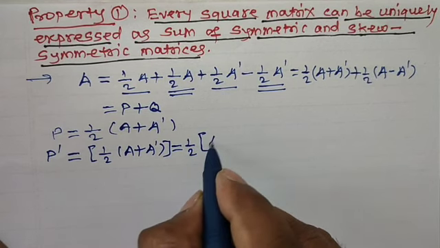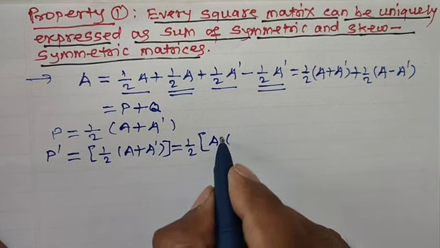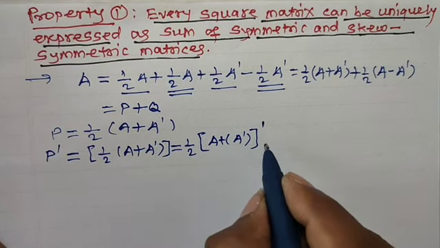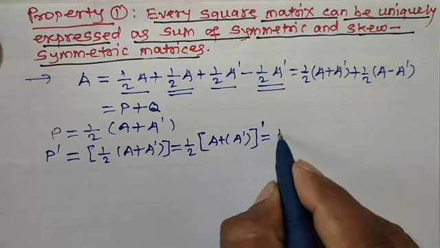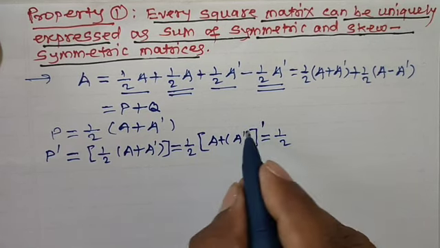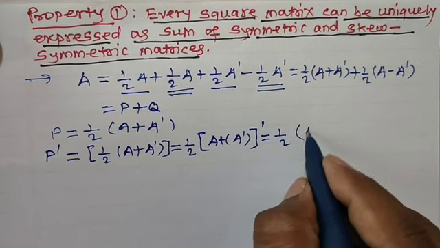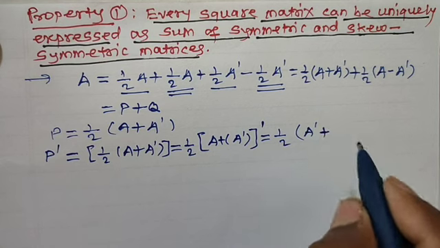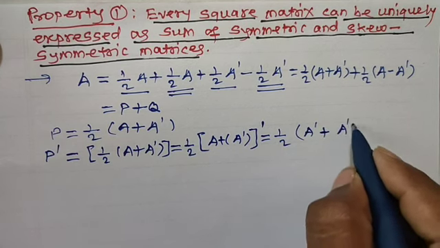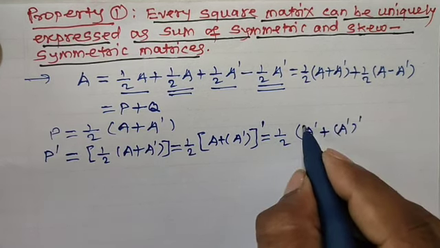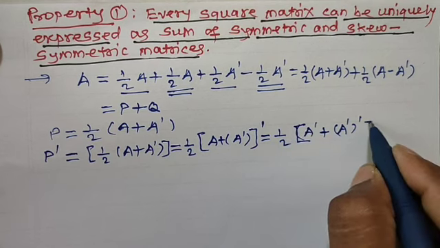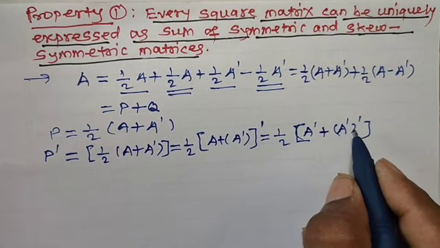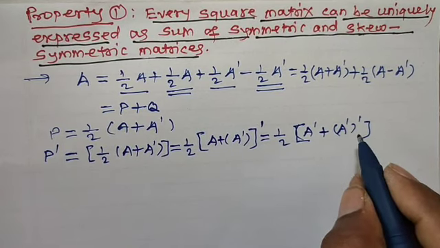Now A plus A dash, its transpose, can be written as half of (A dash plus A dash dash). Now A dash dash, the transpose of the transposed matrix, is matrix A itself.